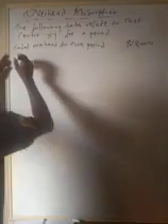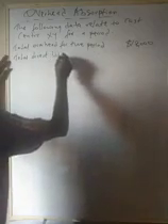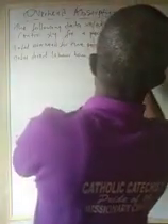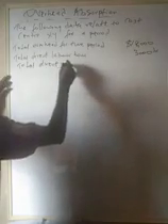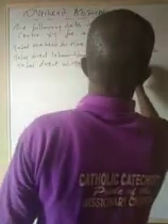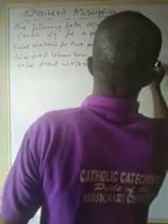Total direct labor hours, that is 3,000 hours. Total direct wages, that is in currency, 4,200 pounds.